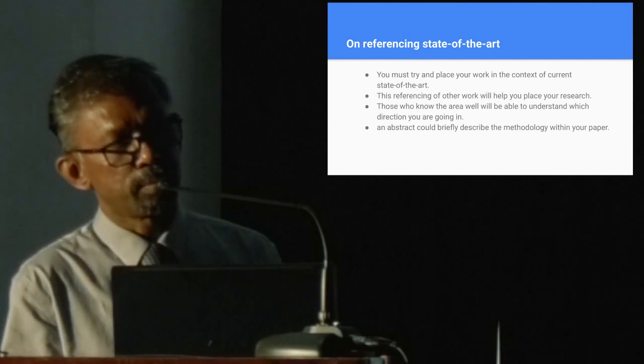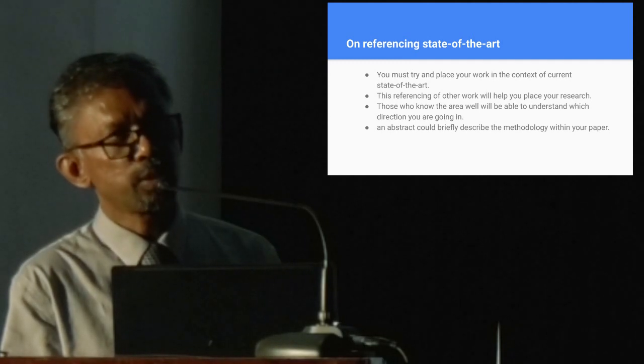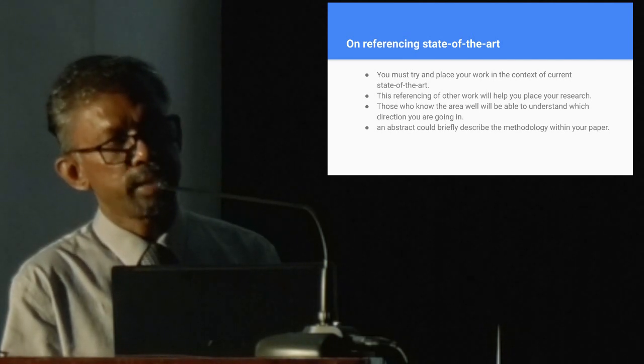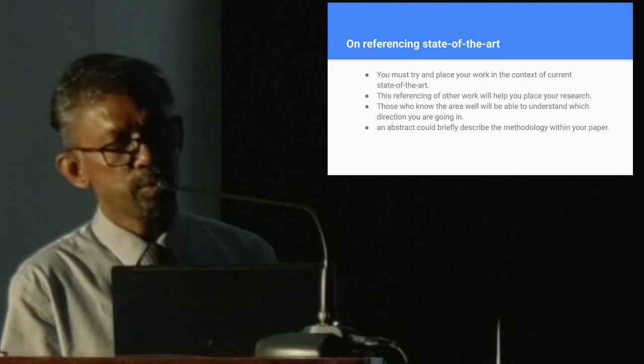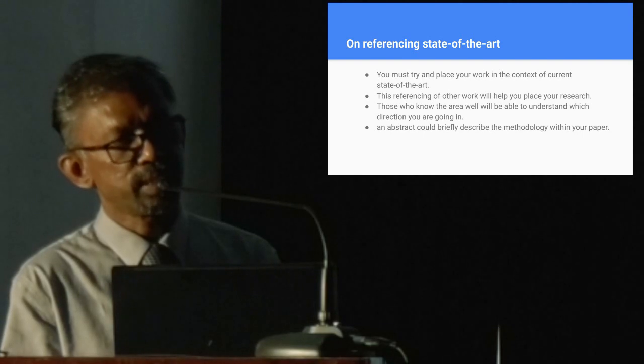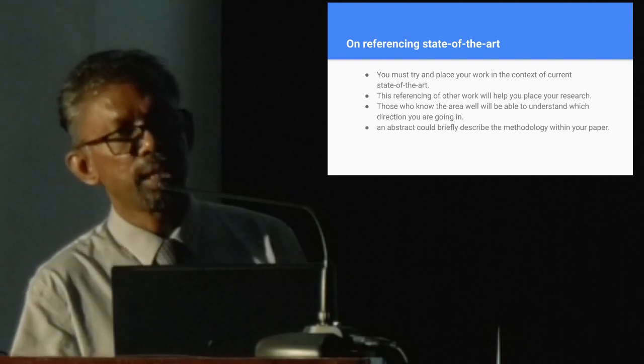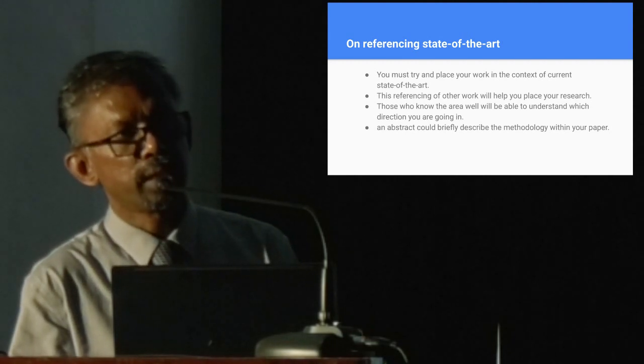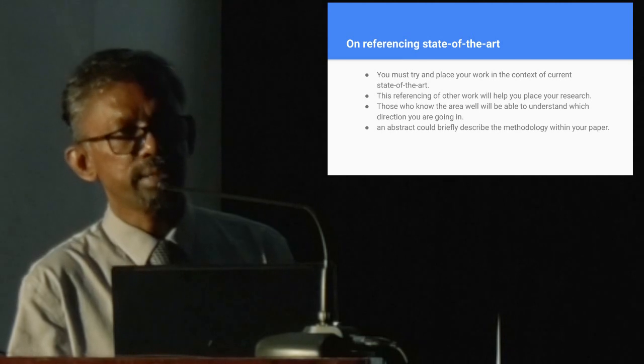The abstract is a good place to briefly introduce the methodology that we have followed, either an existing methodology or a new methodology or an adaptation or modification of an existing methodology, because in many instances other researchers, other readers of our papers are interested in the methodology we have followed.